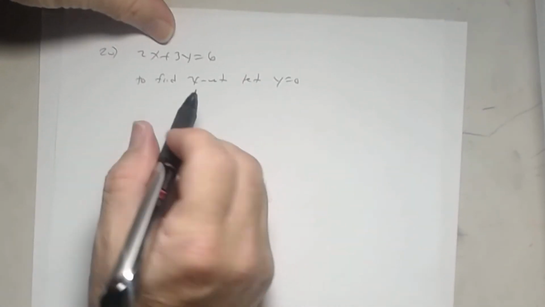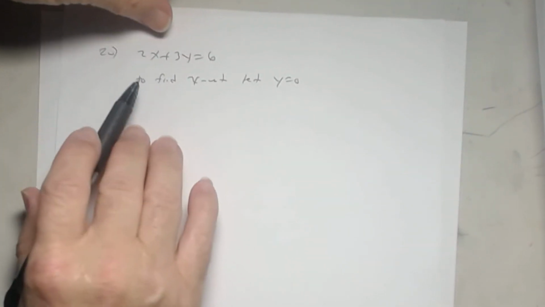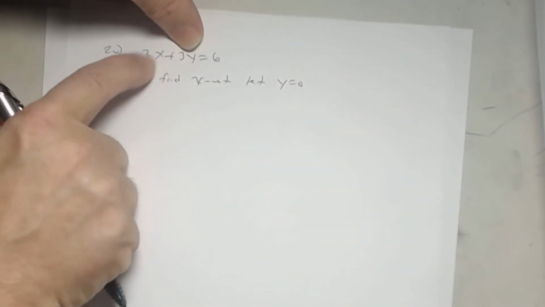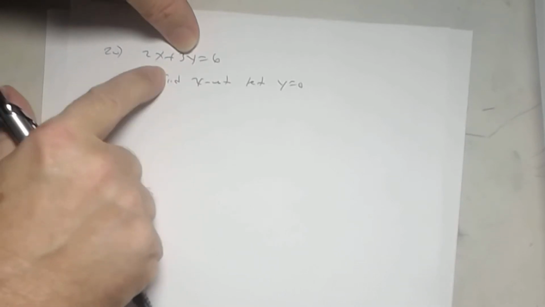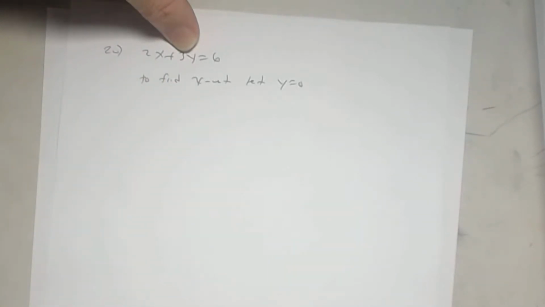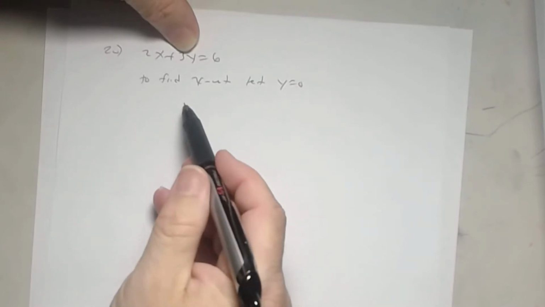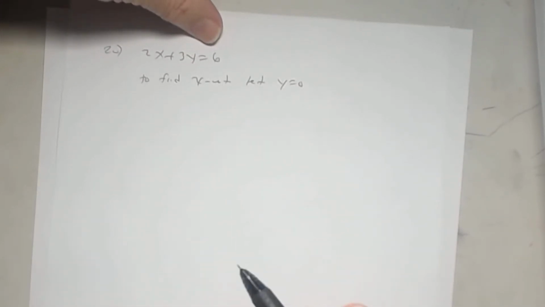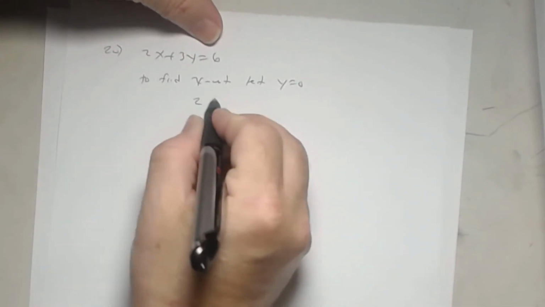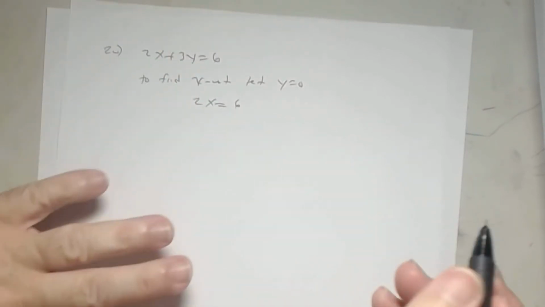In place of y, if y is 0, then the term 3y is going to be what? 0. And then 2x plus 0 is just what? 2x. So you could go directly and say 2x equals 6, right? Y'all agree?